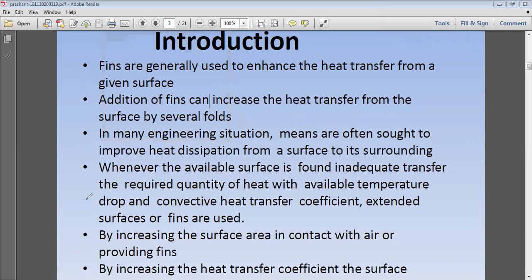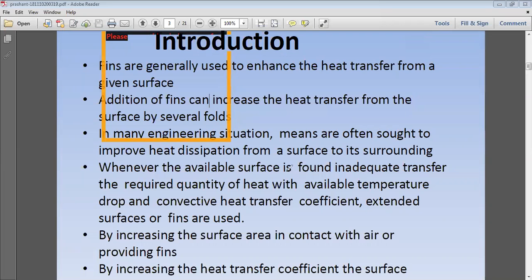Next, whenever the available surface is found inadequate for transfer of heat to the surroundings, we can adopt this type of fins to improve the heat dissipation rate.